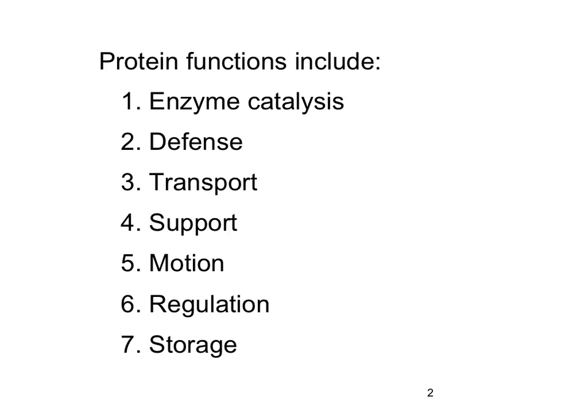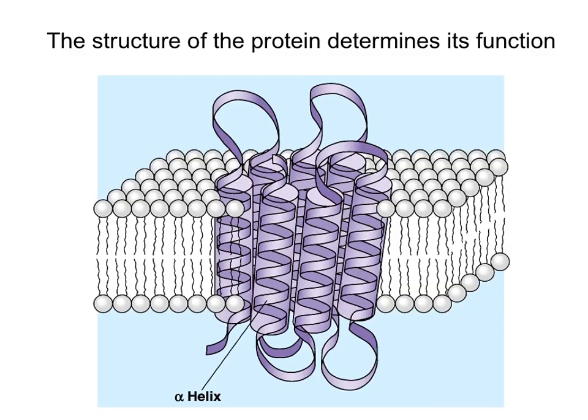For motion, so this is like the proteins that make our muscles. They help us move, and they also help the cells move. And they can help with regulation, so some proteins are hormones, and they can also be used as storage of energy and other things.